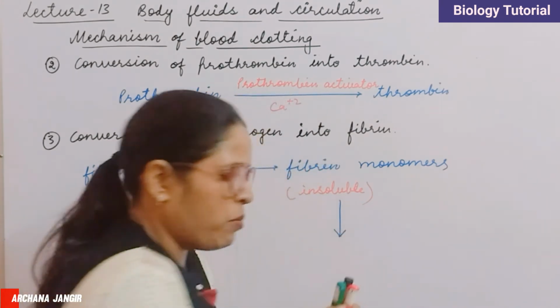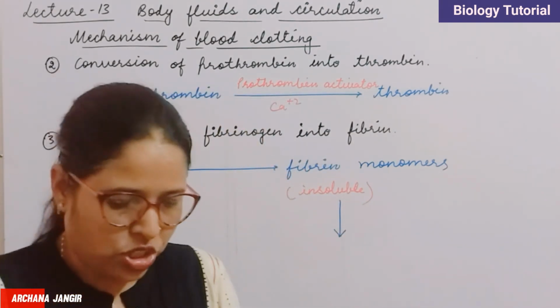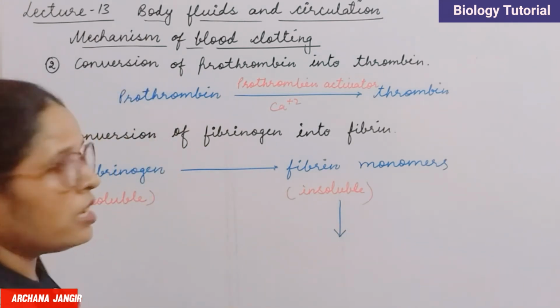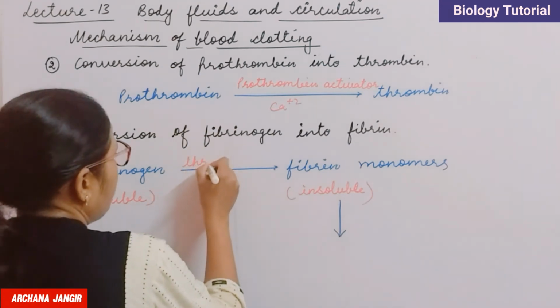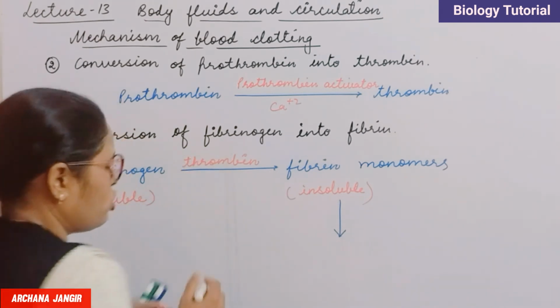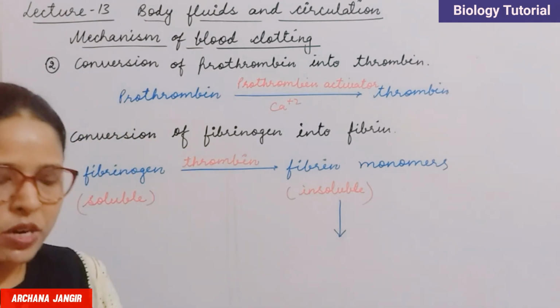Here these fibrin monomers, by the process of polymerization, are converted in the presence of thrombin. Thrombin, which is synthesized during the second step. This thrombin converts the fibrinogen into fibrin monomers.